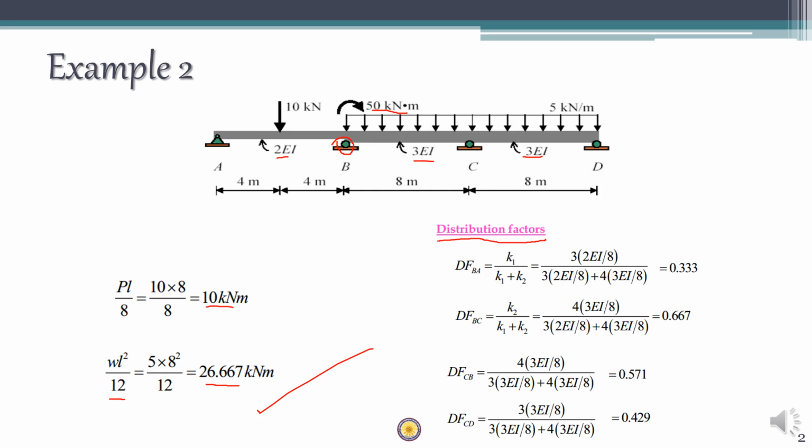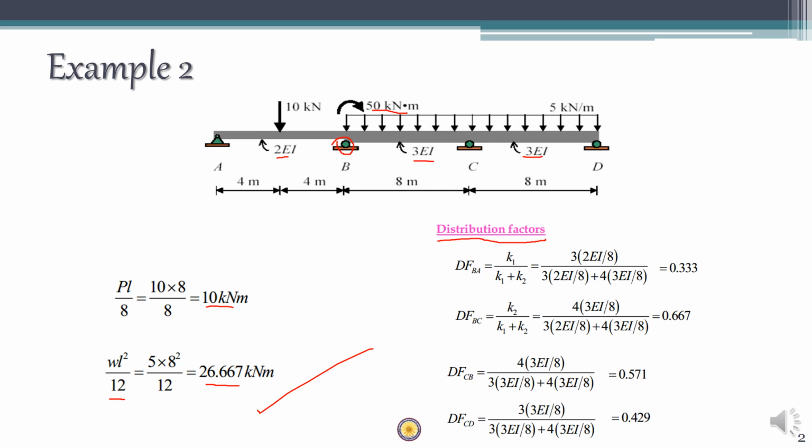And for the span CD, the far end is again a hinge, which means that the value is going to be 3 into 3EI by L. So when the far end is hinged or pinned, K value is 3EI by L. When the far end is fixed or an internal support, K value is taken as 4EI by L.